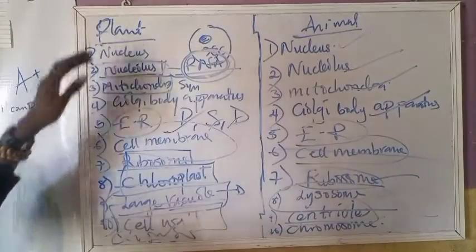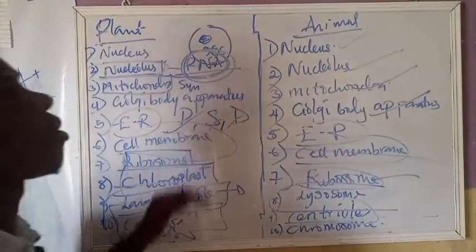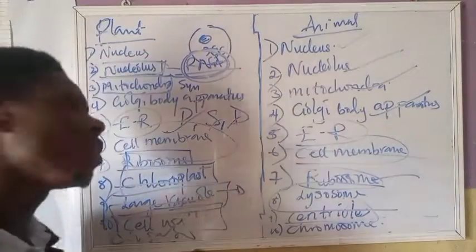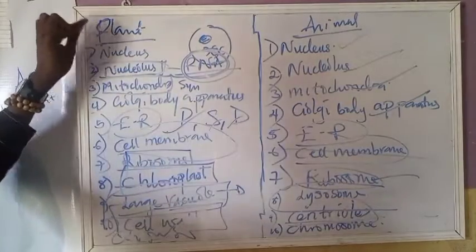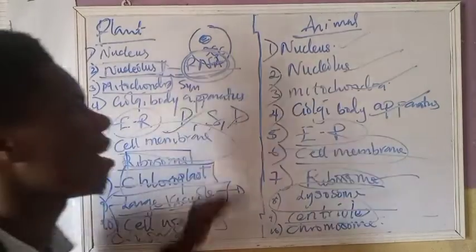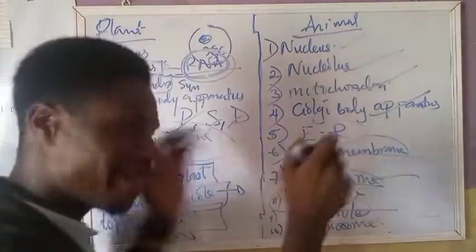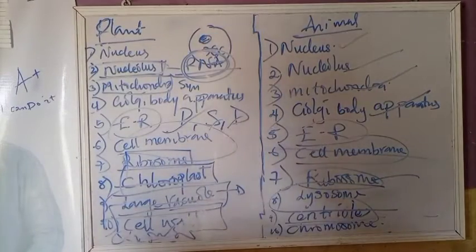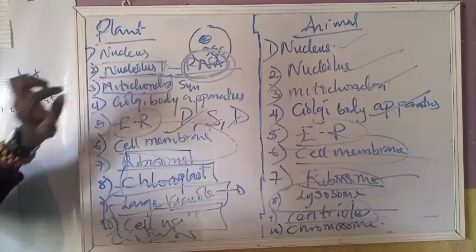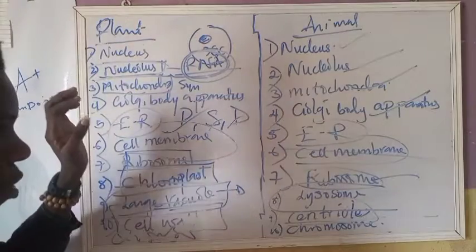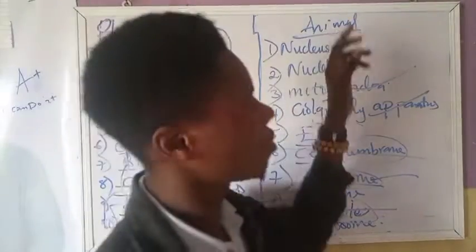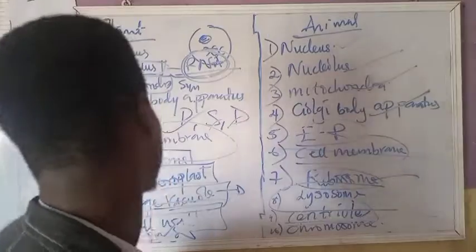So plant cell is larger, while animal cell is smaller. But however, plant cell is less dense, animal cell is denser. Another thing is that plant cell stores lipids as oil, animal cell stores lipids as fats.